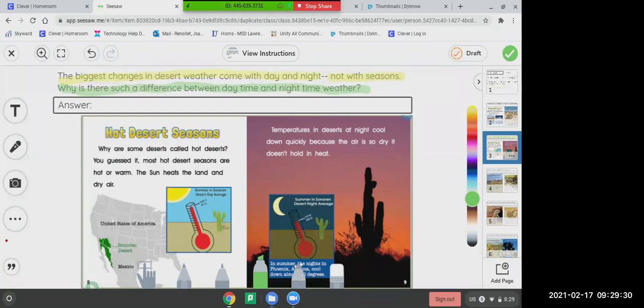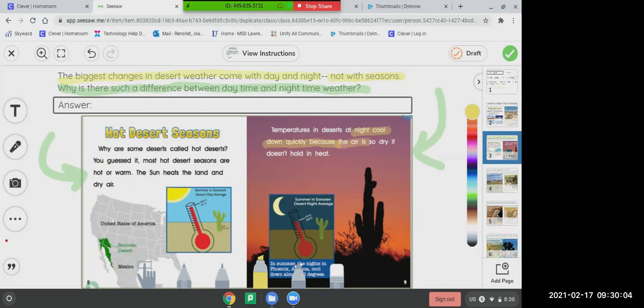Okay, so using my text, I need to look in my text for an answer or text evidence. I notice on page number 3, we have a text that talks about this question. I notice that it says temperatures in deserts at night cool down quickly because, after because, they're going to give a reason.